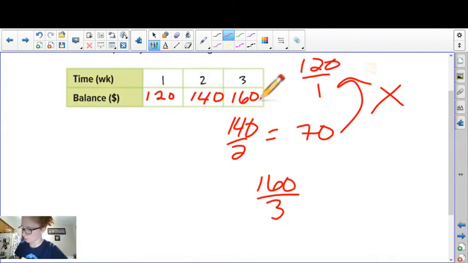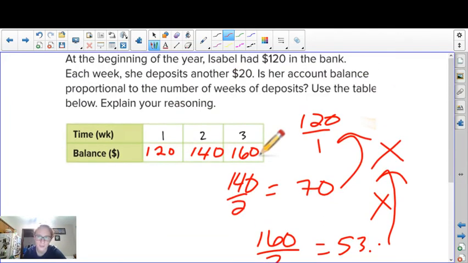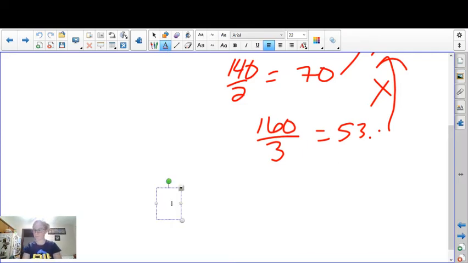I'm a goofball. I just realized that. $53 and change, which is definitely not equal to that. So is her account proportional to the amount of money? Hopefully we've already decided and said, nope.